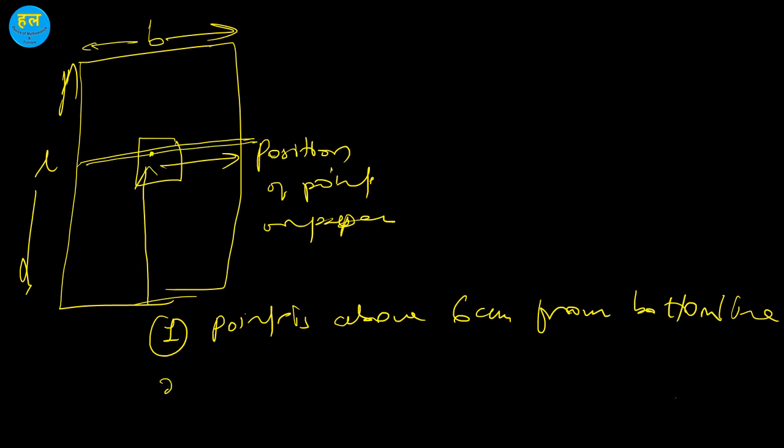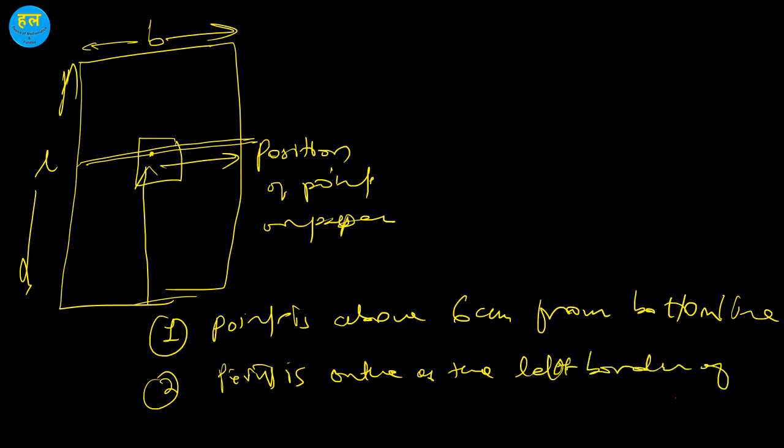Now again, if we want to locate the exact location, we need one more thing, that this point is to the right of the left border of the paper, 5 centimeter. What we have is that this point is 5 centimeter from the left border of the paper.